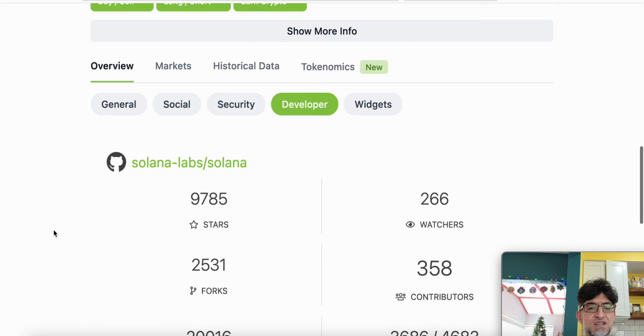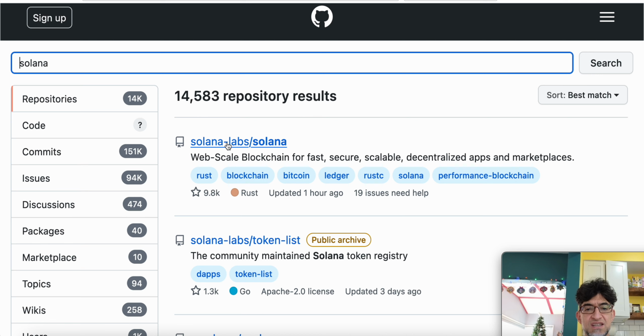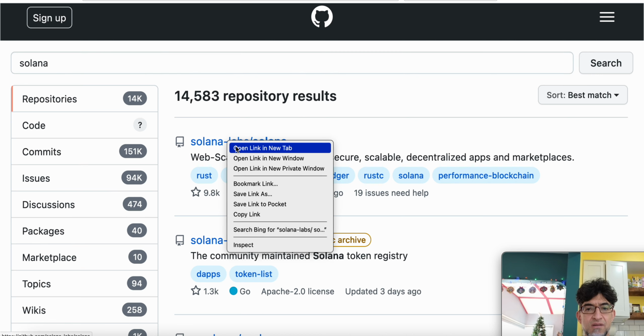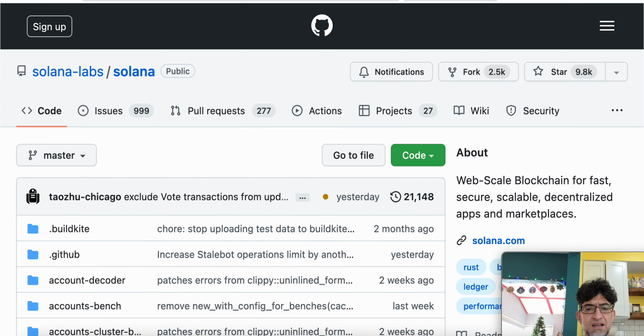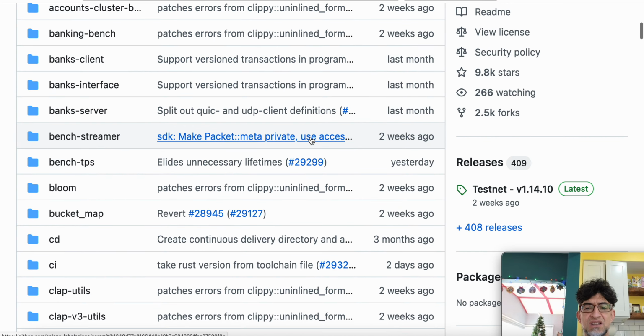Now, if you notice, they're only looking at one of GitHub's sites, Solana-labs/Solana. And then if you go to that site on GitHub, which is this one, let me just open a new tab. Actually, I think I have it open already. Yeah, if you go to it right here, you can see that some of the data actually jives.